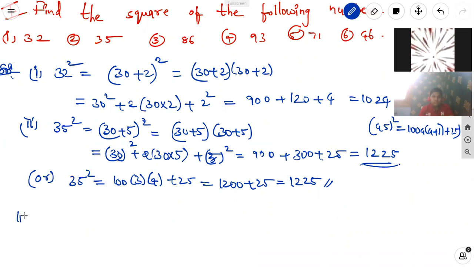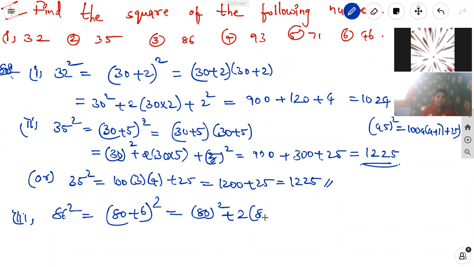Third one, 86 square. 80 plus 6 whole square. It can be written as the first number square plus 2 into the product of the first number and second number plus second number square. 8 eights are 64, 6400, plus 2 into 80 into 6, 2 into 480 is 960, plus 6 sixes are 36.